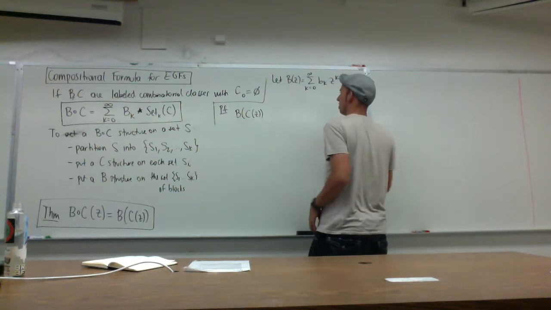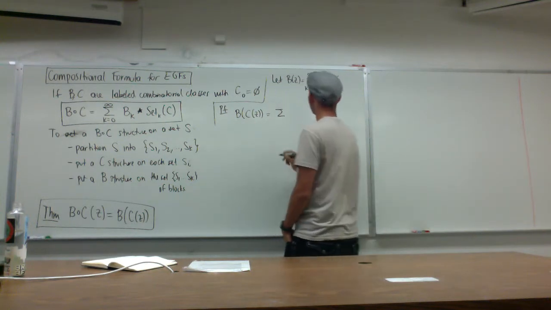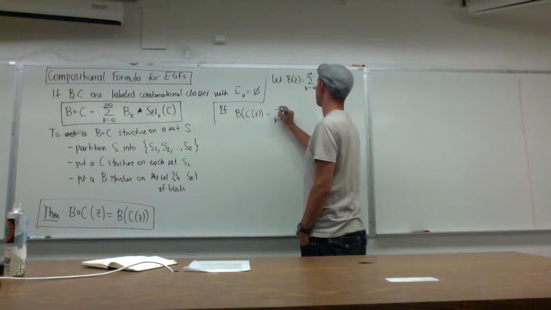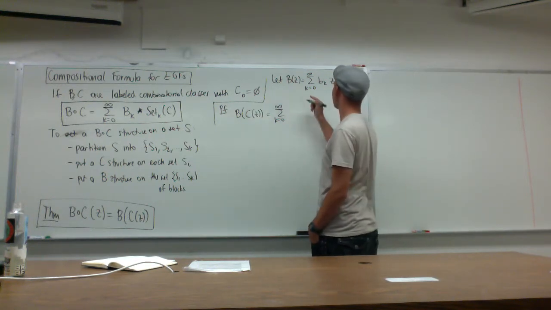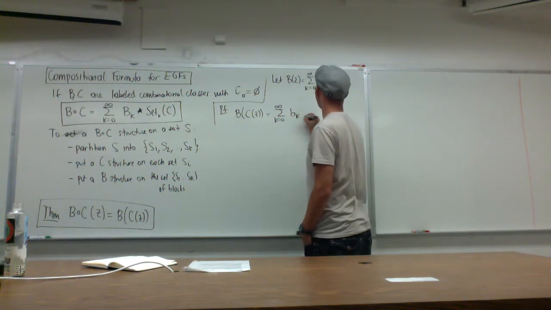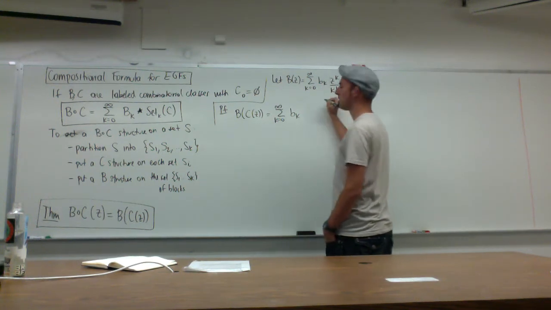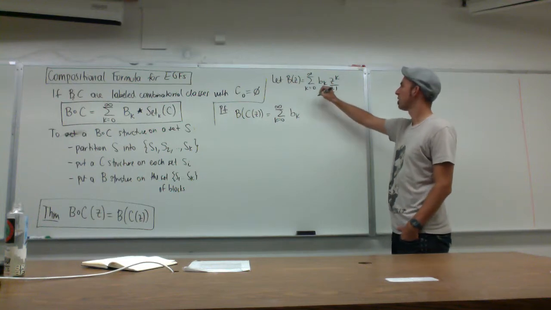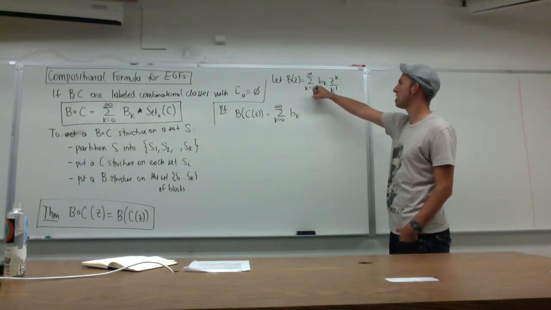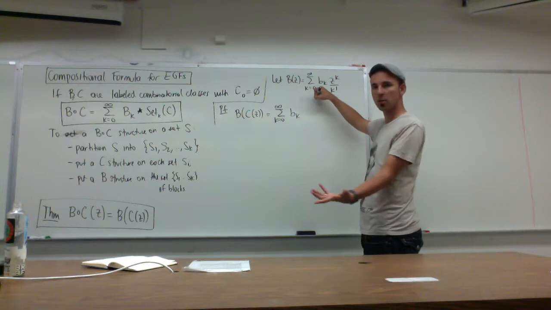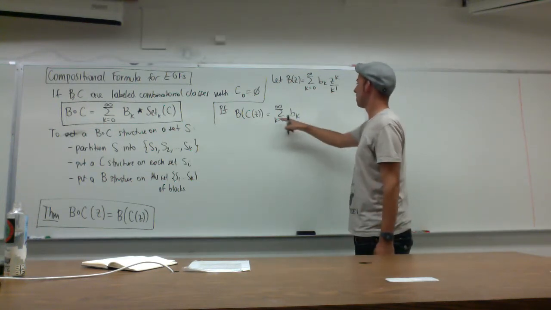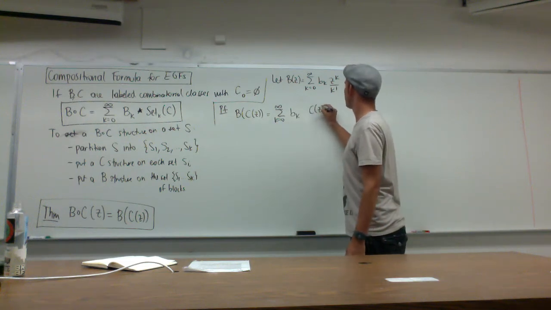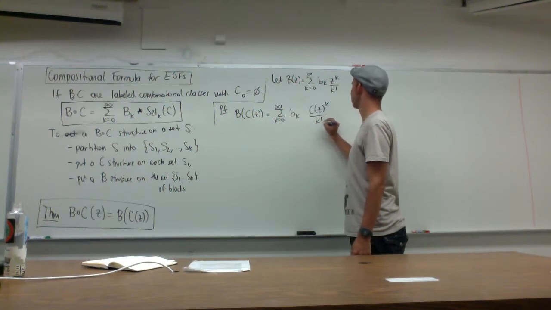So if I do this, then I'm going to get the sum from k equals 0 to infinity of b_k, and this is like an exponential generating function. So B of z is the exponential generating function for the sequence b_k. b_k is the number of objects on a set of size k. So then I get b_k C of z to the k over k factorial. Okay.